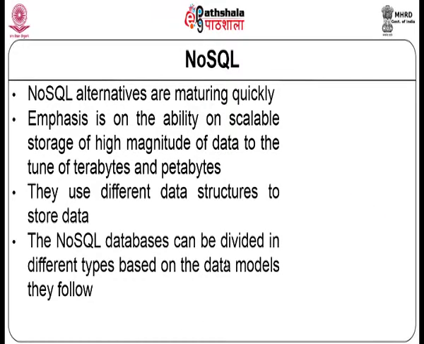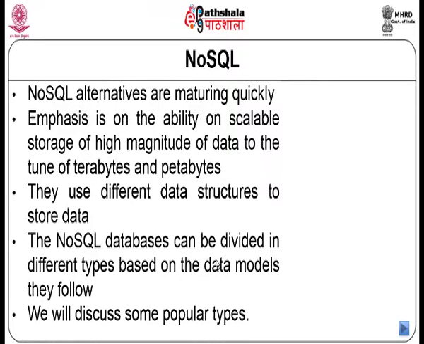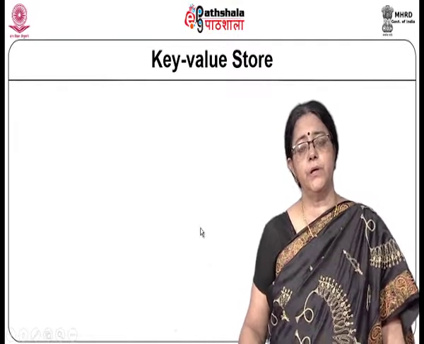Different data structures are used by different NoSQL databases. It is not only the table type of data stores that relational databases were, although tables are also there in some kind, but various models are created using different data structures. We will look only at a few of these.